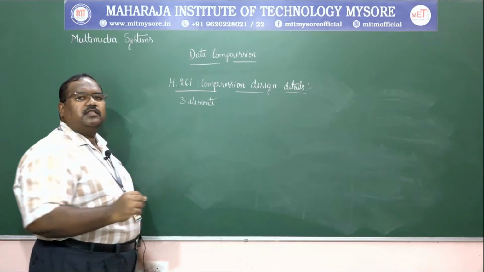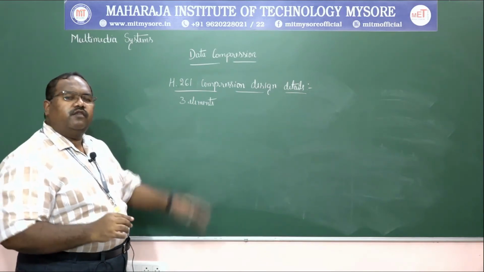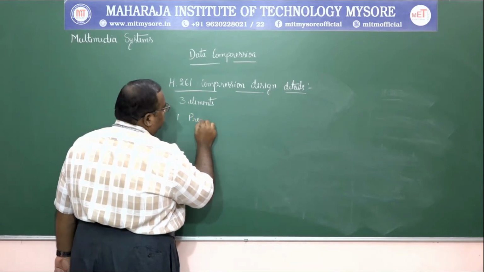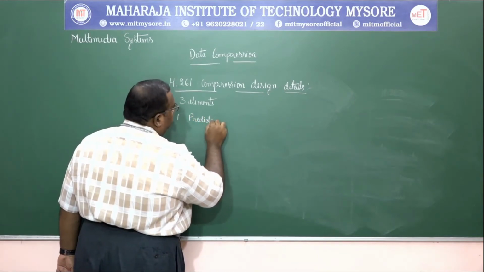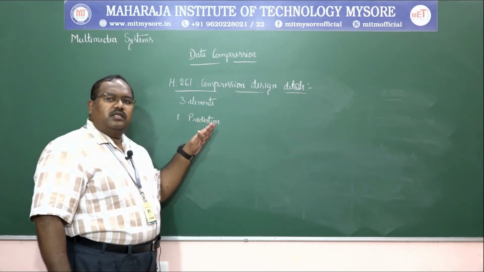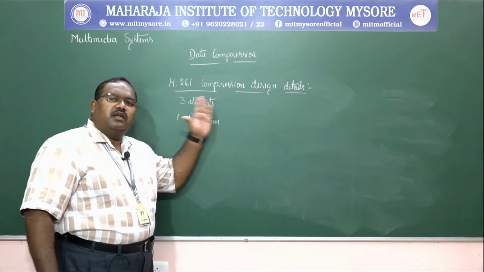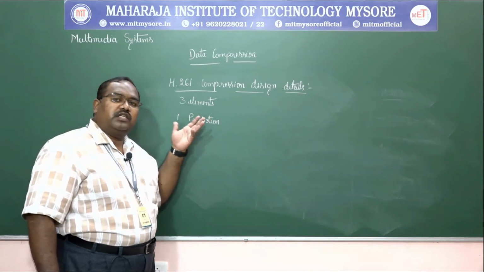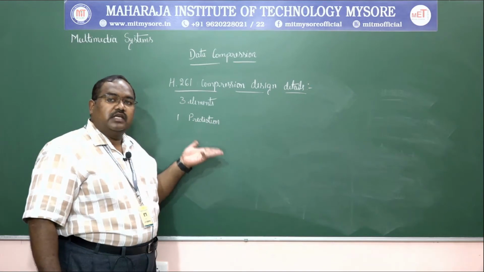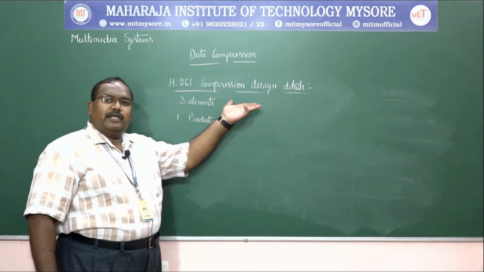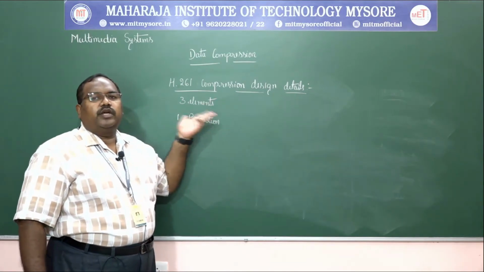So what are those three elements? We will go one by one. The first one is the prediction. Here the three combinations we just discussed are explained in detail with respect to the design. So we will go through it one by one.